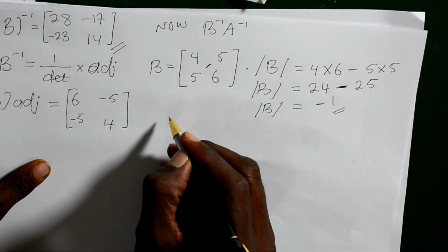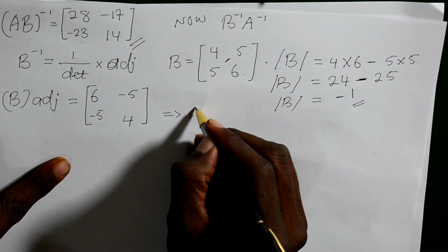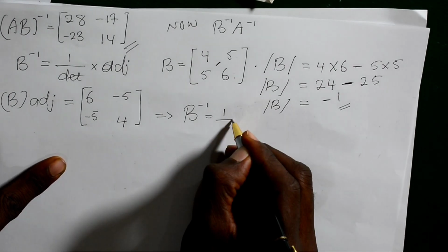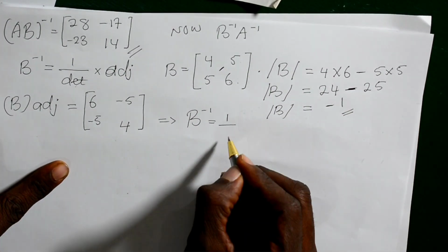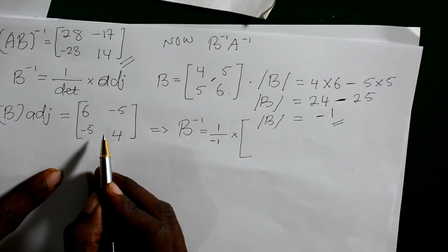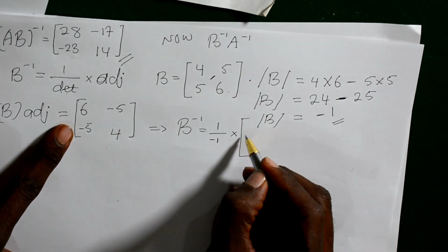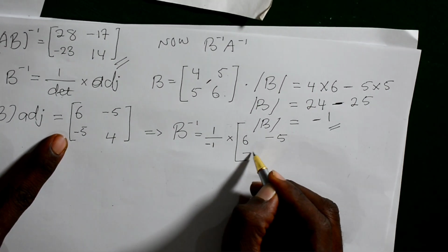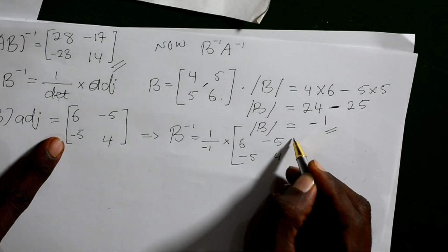So this is the adjoint of B. Then this implies that B inverse will be equal to 1 over minus 1, the determinant of B, times the adjoint: 6, minus 5, minus 5 and 4.